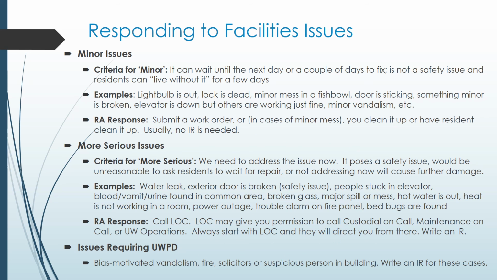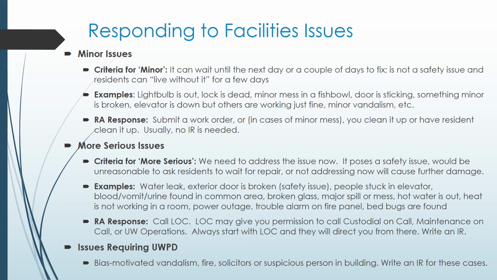So in the next couple of slides, what I'm going to do is go over those different types of incidents and what the different response might be. Now, what I want to mention is that in your RA manual, you have a very long section that talks about just about everything that could happen within the residence halls and apartments, and step by step what you're supposed to do in all of those situations.